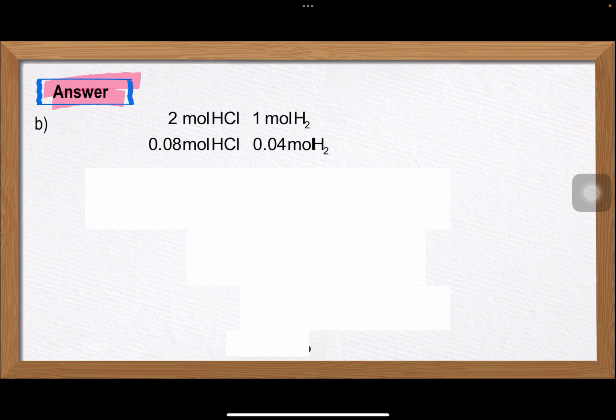Hydrogen gas is the product, so compare with the mole of the limiting reactant. The limiting reactant is HCl, and the mole is 0.08 mole. From the equation, 2 mole HCl will produce 1 mole H2. If 0.08 mole HCl, the mole of H2 should be 0.04. So this is the theoretical mole.